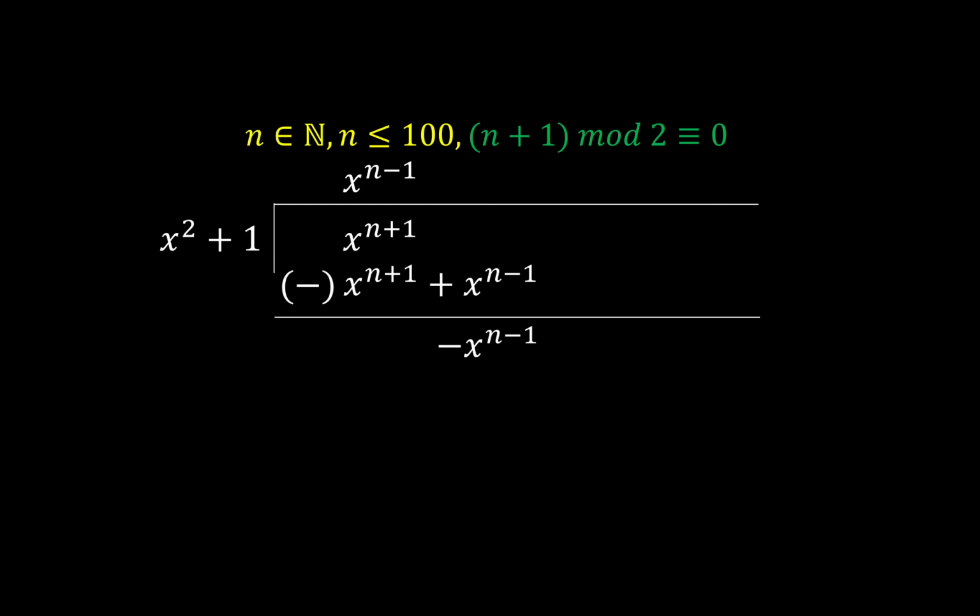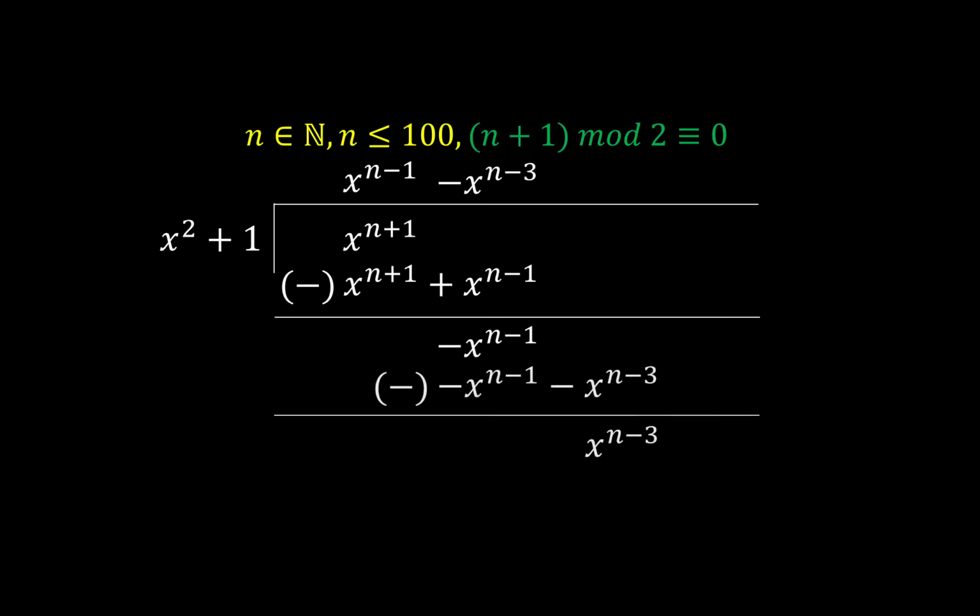So you have your first term of the quotient, x to the power of n minus 1, since you're subtracting each term by 2. Now you have negative x to the power of n minus 1 as your remainder. So we continue dividing. Yeah, now you have negative x to the power of n minus 3.